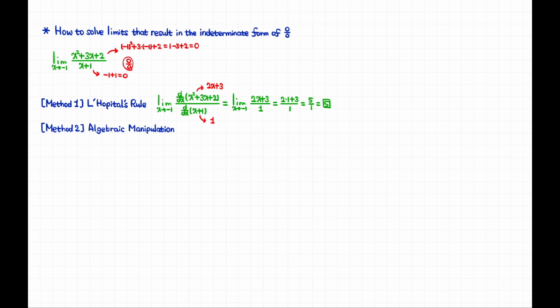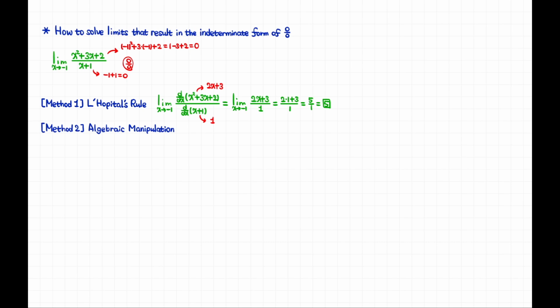And when you plug in the value after applying the L'Hopital's rule, you get the exact limit. So it's clean, it's quick, and you get the answer almost immediately. That's why this method is super useful, especially in Korean high school math exams, where the goal is often just to pick the correct answers as fast as possible.